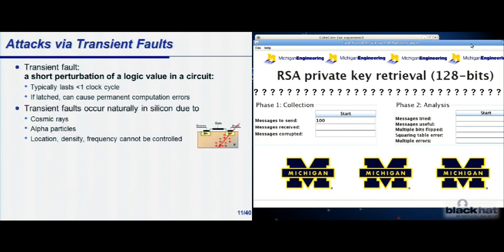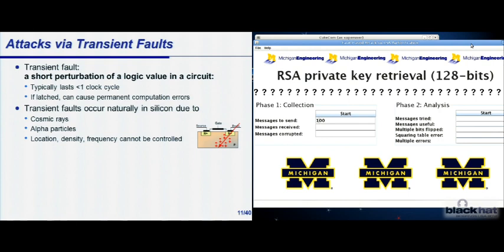How do faults occur? Do we really need to worry about this? Well, most transient faults are due to particles in the air, alpha particles, cosmic rays, energetic particles that are present everywhere. But they are not very dense on the surface of the Earth for the most part.